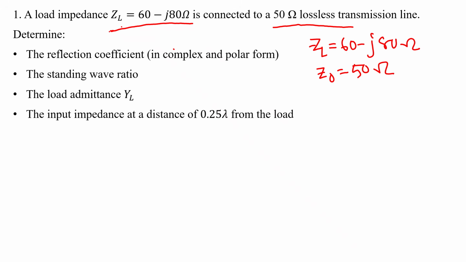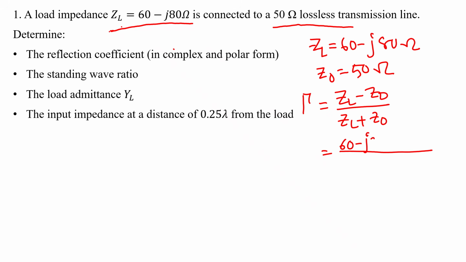Now the question is asking to calculate the reflection coefficient. That means it is asking me to calculate gamma, which is nothing but ZL minus Z0 upon ZL plus Z0. So we can directly replace the values. ZL is 60 minus j80, minus Z0 which is 50, and then 60 minus j80 plus 50.